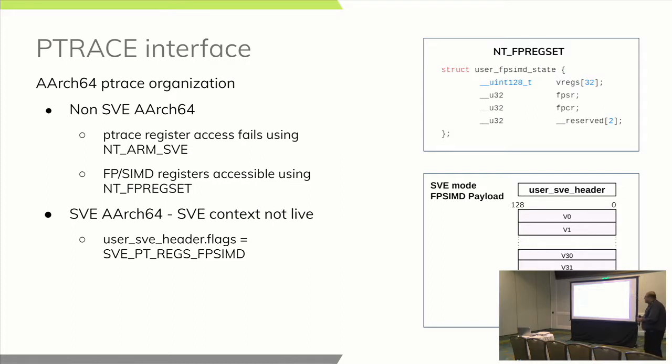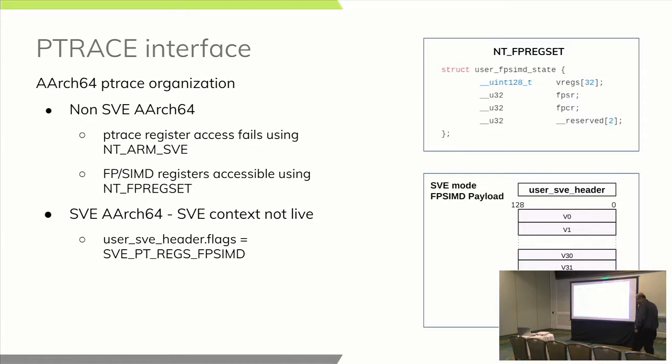For that, we will have to use the traditional NT_PRFPREG regset call, and the NT_ARM_SVE regset will be invalid for that case, and we will be returned this particular struct, and the format of that data will be without the user SVE header, just the V registers followed by FPSR and FPCR.